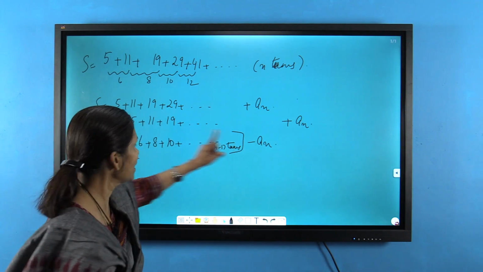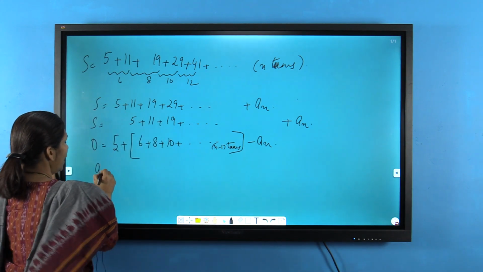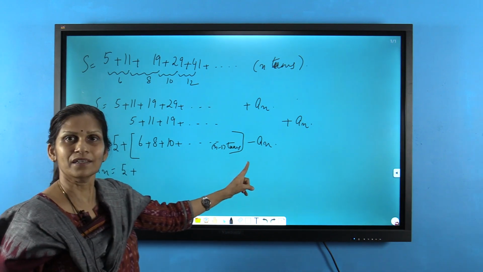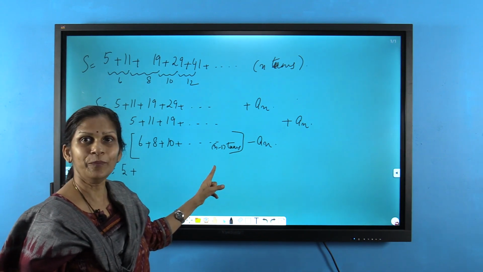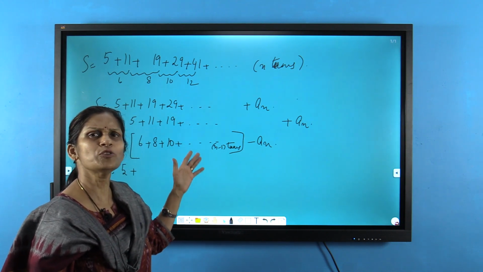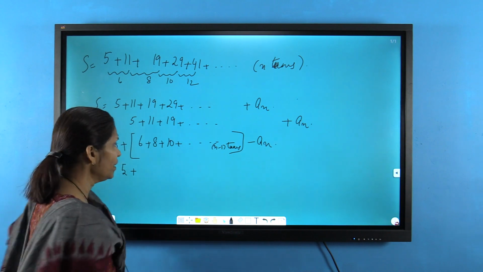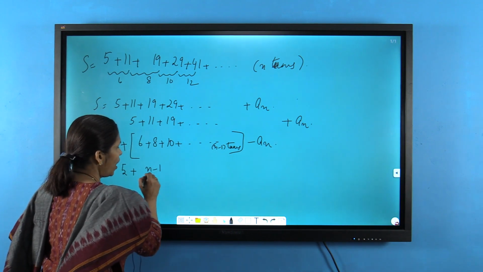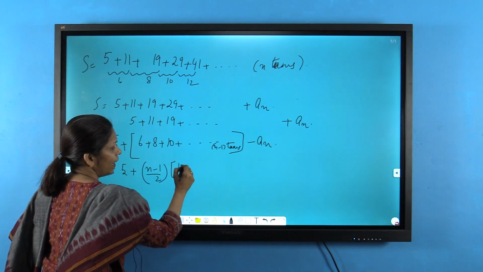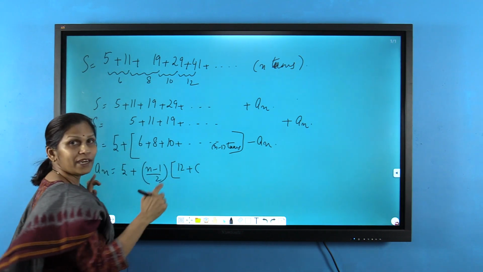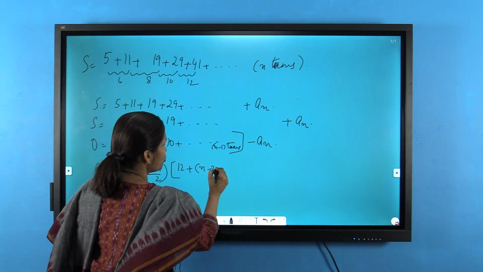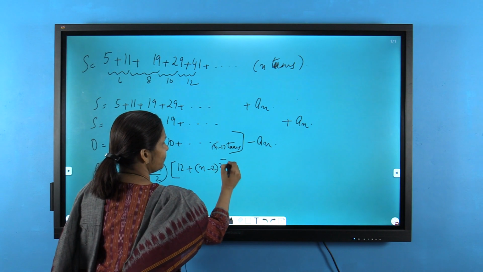Okay. So, you take an to this side, you have an is 5 plus, look at this bracket here, isn't it an AP which has n minus 1 terms? So, what is the sum to n minus 1 terms of this AP? It is n minus 1 by 2 into 2a plus n minus 1 minus 1, that is n minus 2, into d.